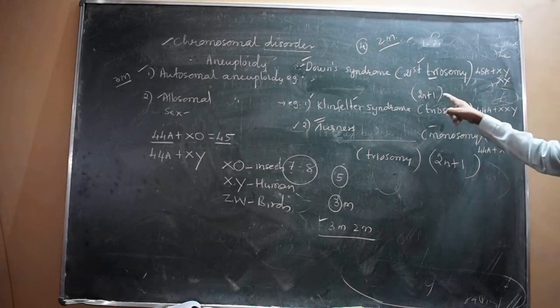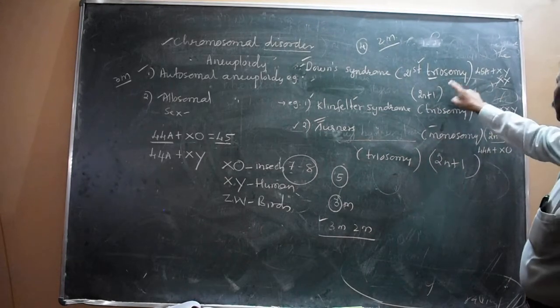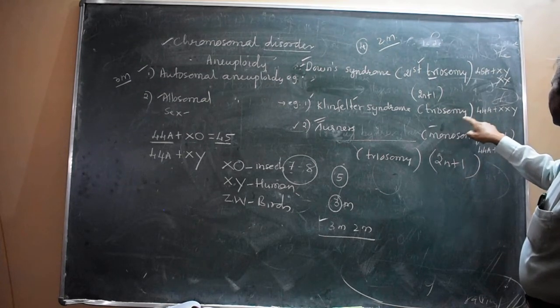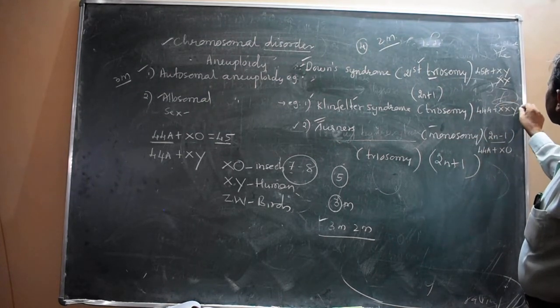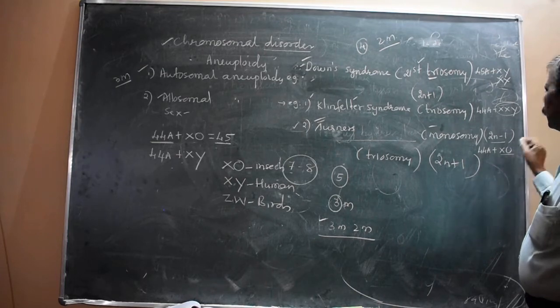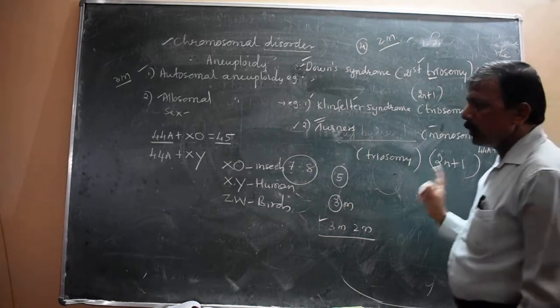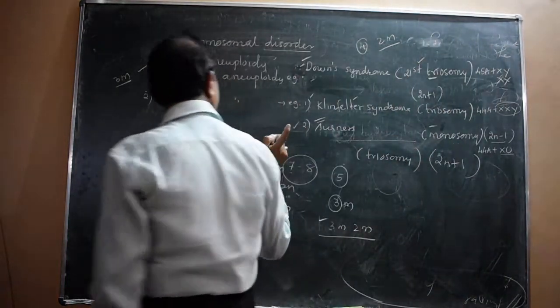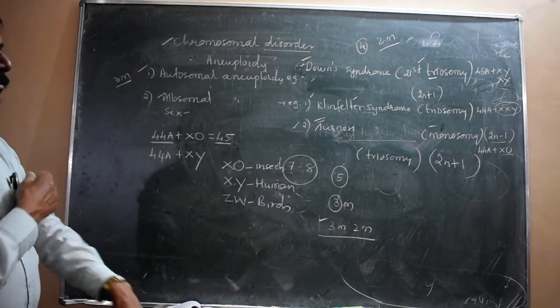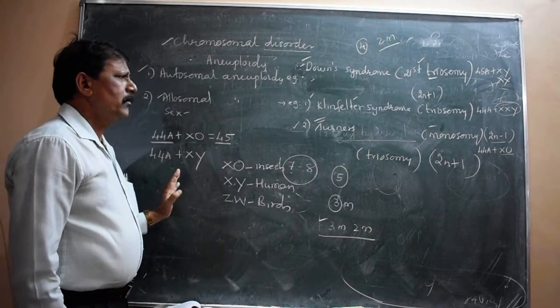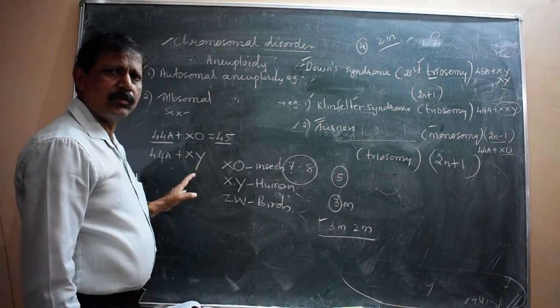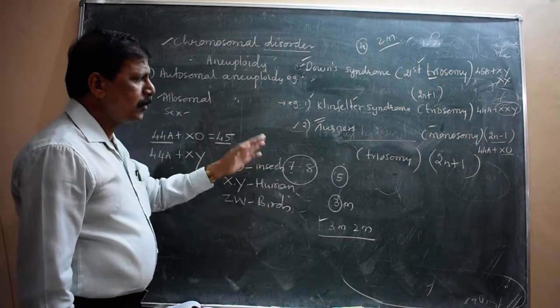That is why Down syndrome is 21st trisomy, 2n plus 1. Klinefelter is a trisomy only because 3 sex chromosomes are there, and Turner is a monosomy, which means there is a loss of 1 sex chromosome, and that is why it is an X0 case. So in this way, 21st trisomy, sex chromosome trisomy, and monosomy are the examples.